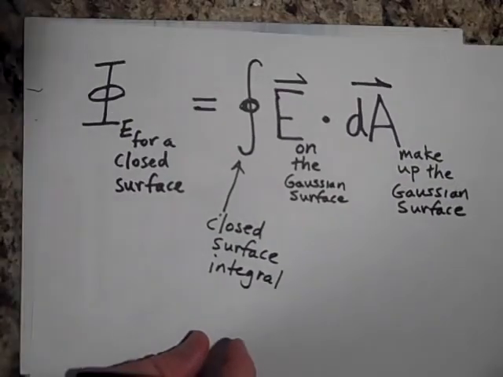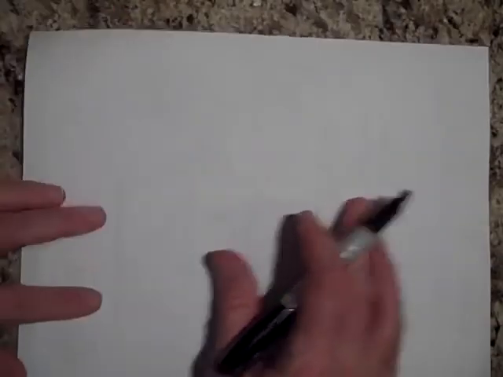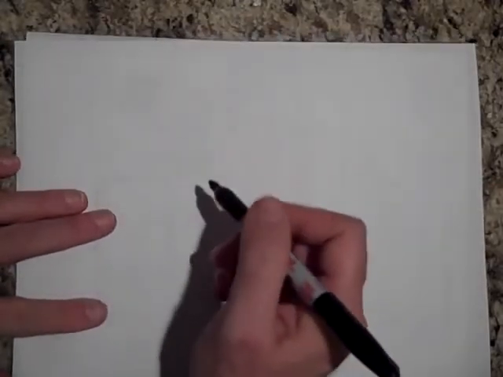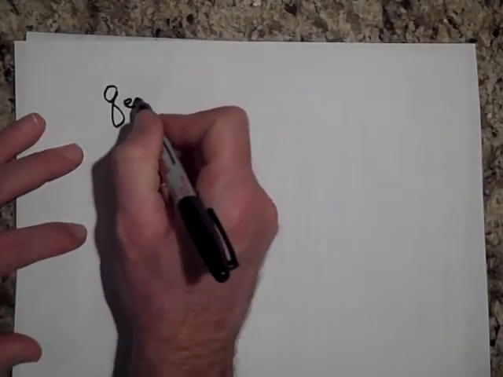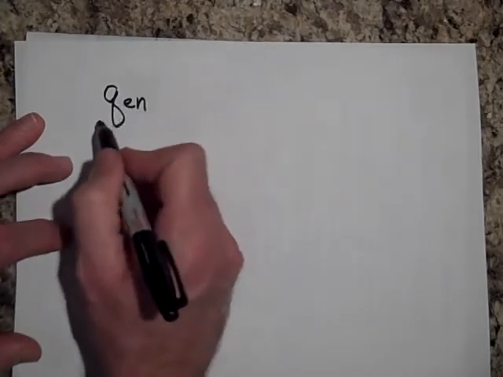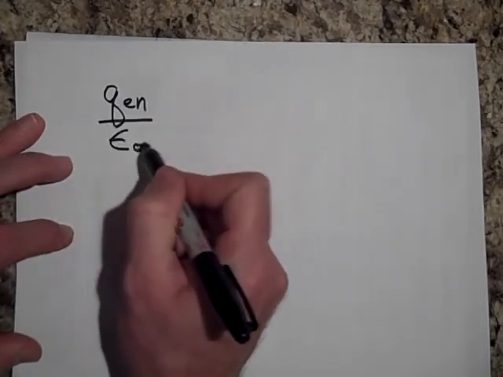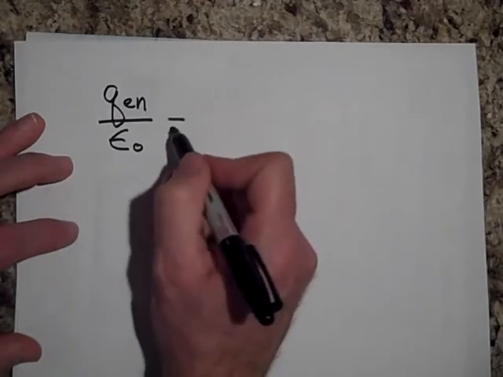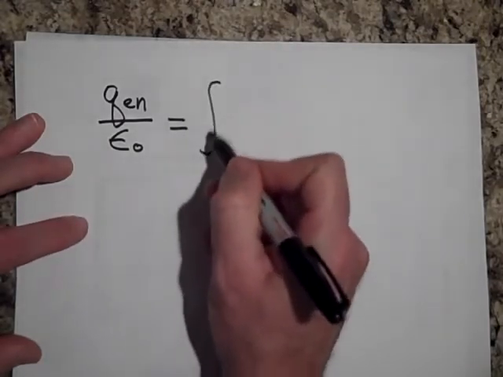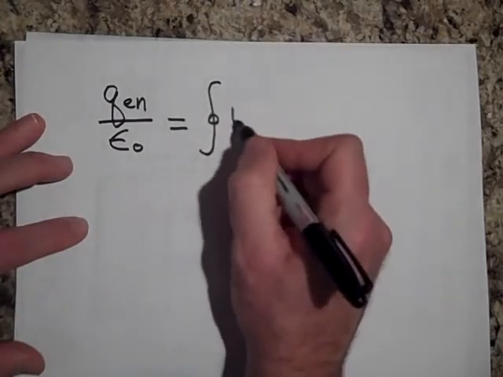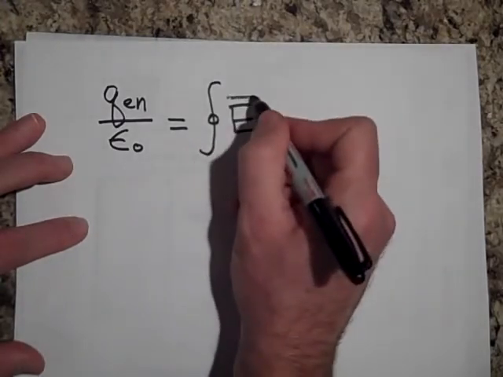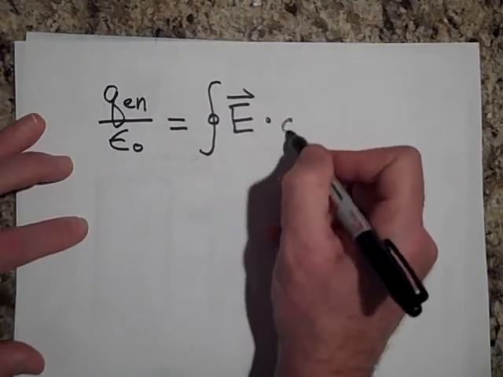Okay, so what Gauss's law then does is it just takes those and puts them together, since they're both finding the flux through a closed surface. This is how you see Gauss's law stated sometimes. You see it saying Q enclosed, the total charge enclosed, over epsilon naught, is equal to the net flux through a closed surface, the integral of E dot dA.